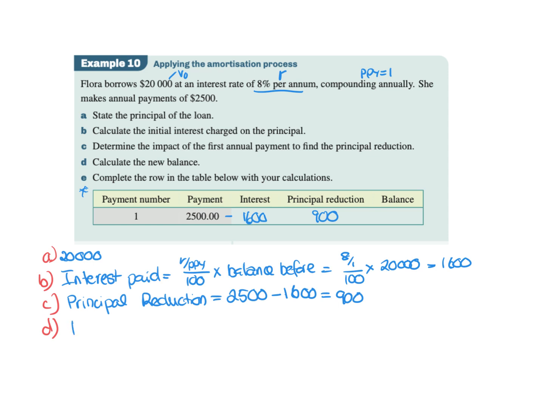So in D, it is criminal, and that's why you try not to borrow money as much as possible. In D, it says, what is the new balance? So the new balance is always the balance before minus the principal reduction.